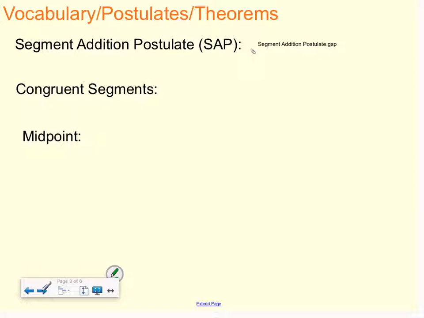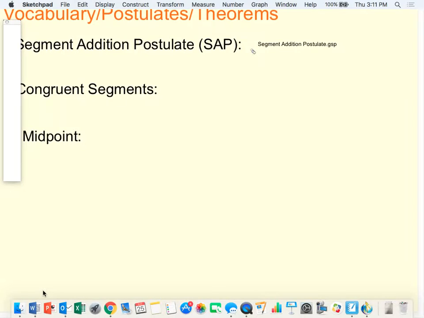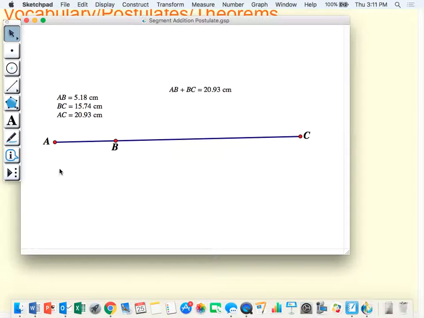Just a few things here. Again, what is the segment addition postulate? One thing that I like to do a lot this year in geometry is use a program called Geometer Sketchpad to help you understand really what's happening here. Notice I have segment AC, and it's broken up.